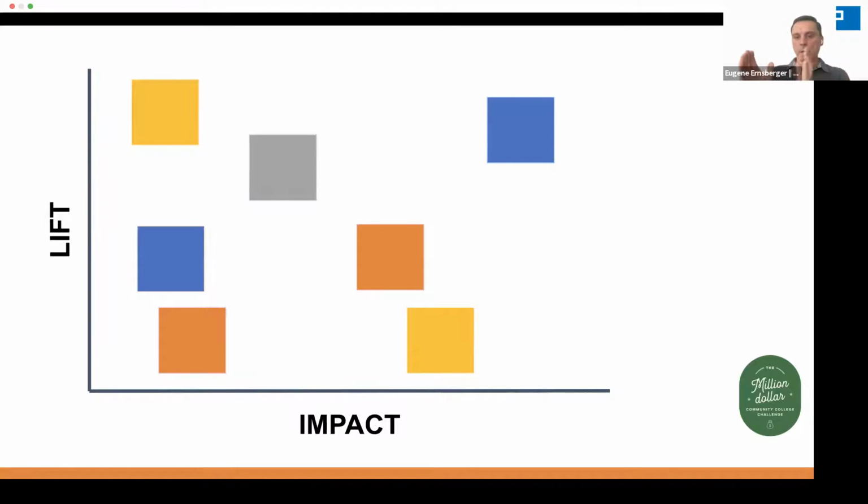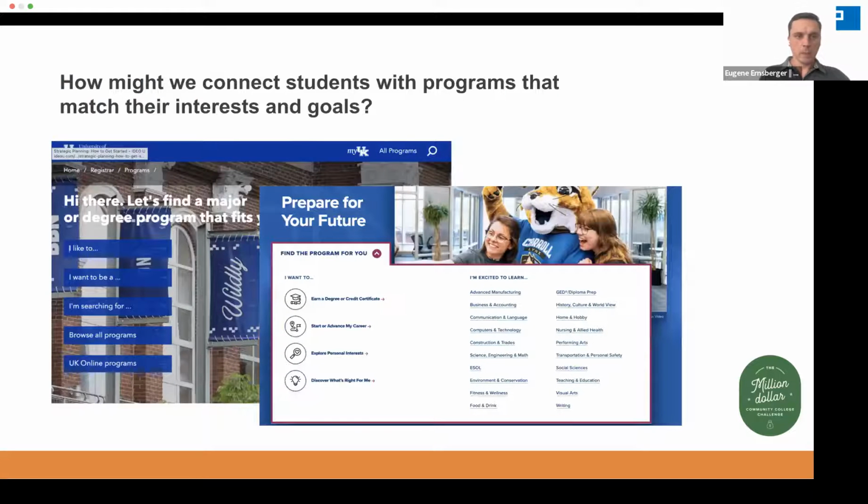But somewhere in the middle here, you're going to find a sweet spot of things that are either low lift and high impact, or somewhere more toward the middle between these two axes. Those are likely to be things that you want to dig into and figure out how you can go further in developing those solutions.